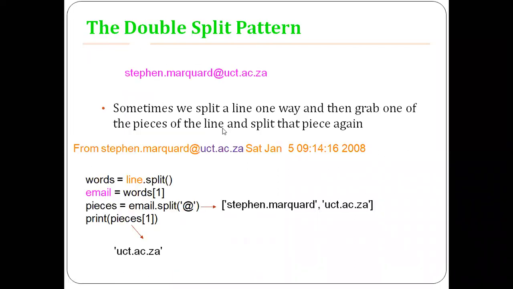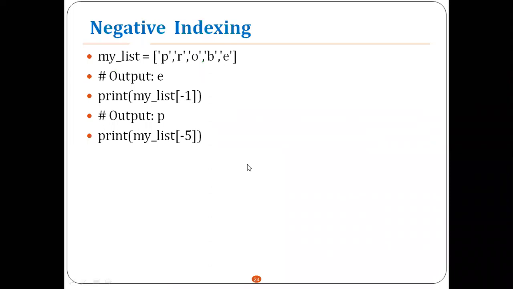Now look at some of the examples with respect to the list. Here is one example for negative indexing, how to make use of negative indexing. Look at this, my list, which contains five elements: PROBE. The first element is P, second is R, third is O, fourth is B, and fifth is E. Look at the example here.